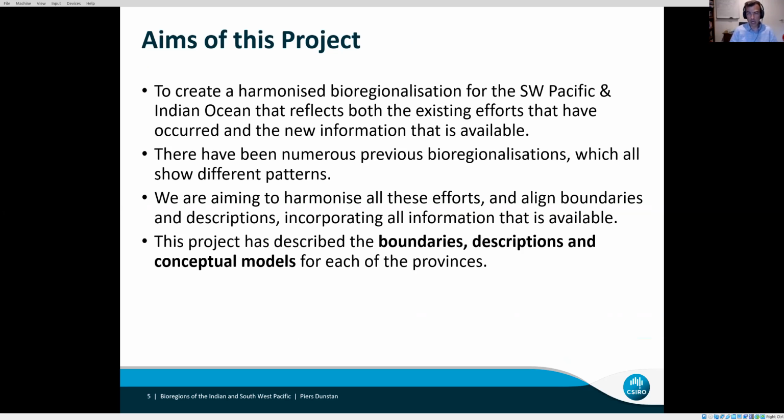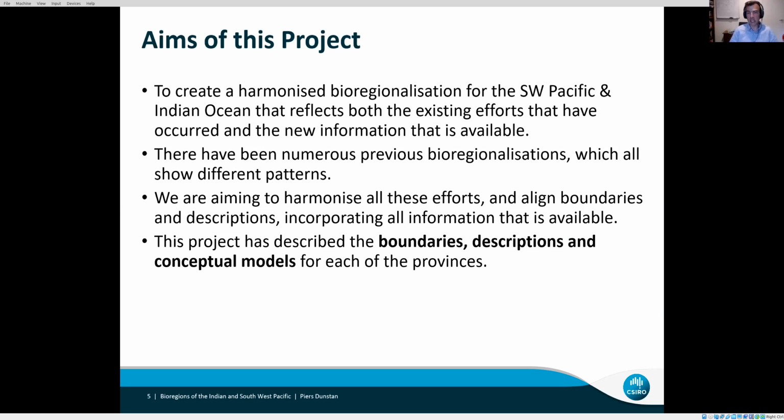And I think it's important to really clearly state that there have been numerous previous bioregionalizations, but quite often they all show slightly different patterns or quite divergent patterns. What we were trying to do as part of this work was really harmonize all of those efforts to align the boundaries and the description by incorporating all the different sorts of information that's available.